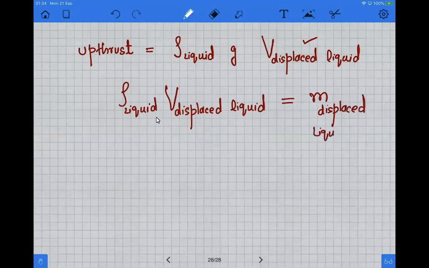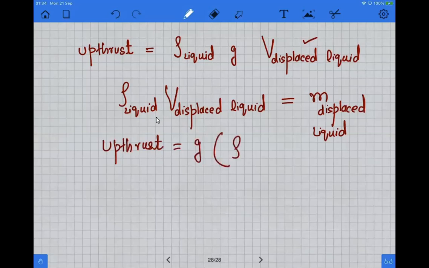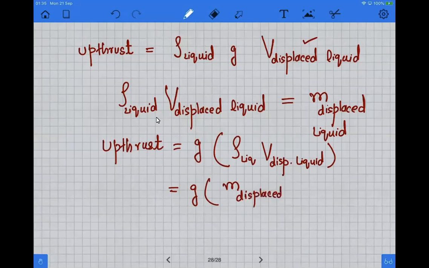So the final form of this formula will become: upthrust is equal to G times density of the liquid into volume of the displaced liquid, which finally will become G times mass of the displaced liquid. And you know, M into G will be the weight.